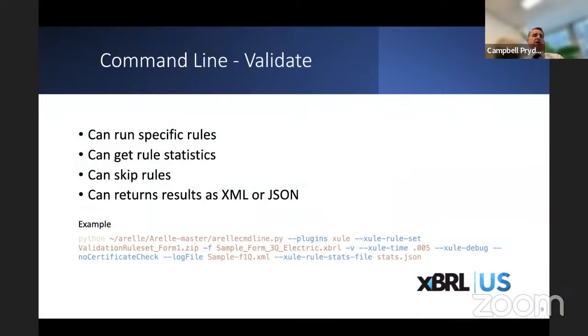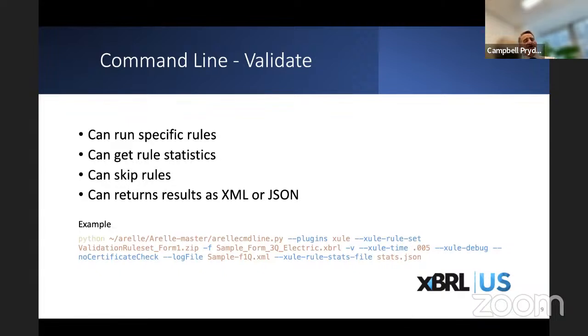You can also run it on the command line. If you download the Arelle software, and you're familiar with the terminal or the command line in a Windows environment, you can run that as well. On our website, we have a listing of all the commands you can run and how to run them.